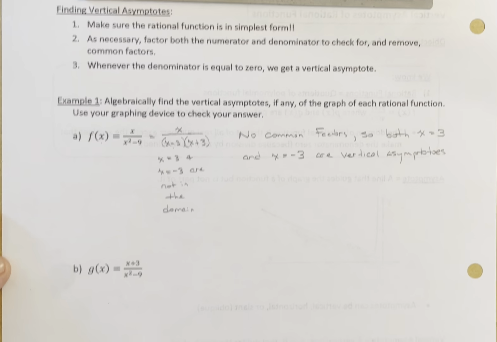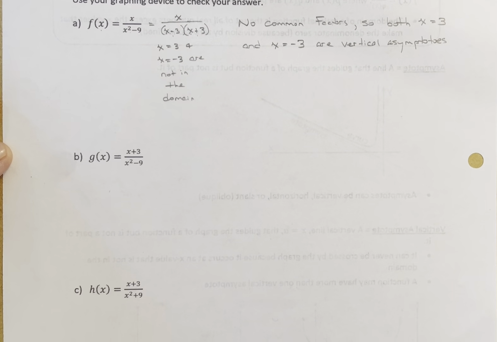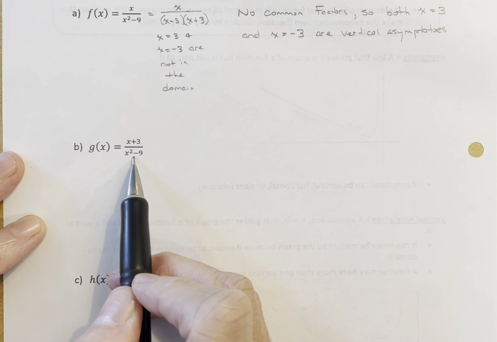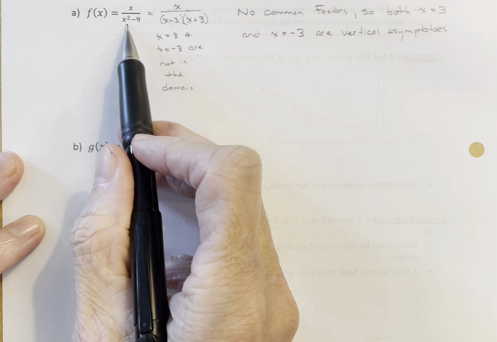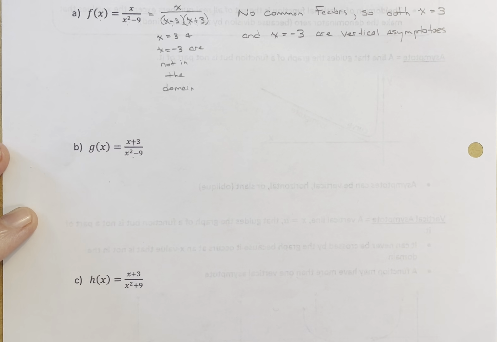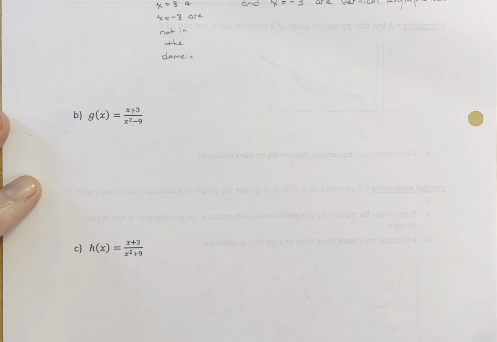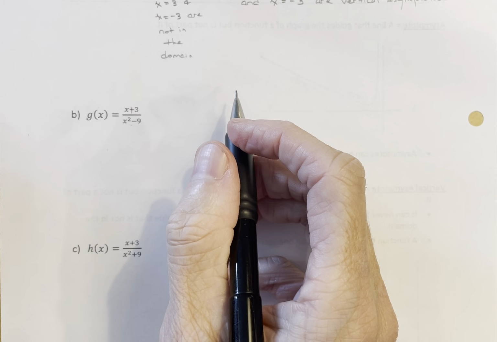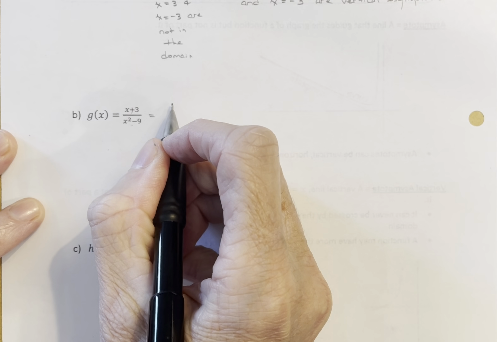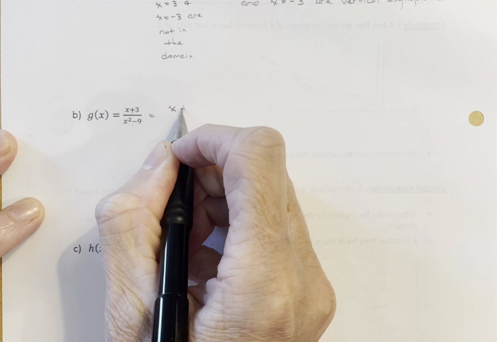Okay, let's change that example up a little bit, and I'll leave it so we can see both. I'm keeping the denominator the same as letter A, but I'm changing the numerator to x plus 3. Okay, let's see what that does to this function and our vertical asymptotes. So let's simplify it and get it into simplest terms.